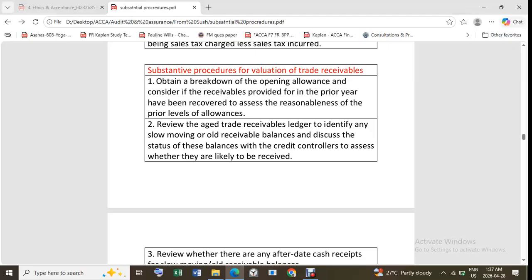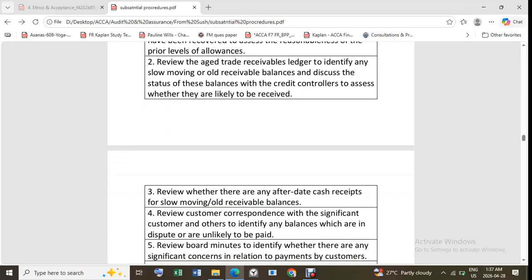Second, review the aged trade receivable ledger to identify any slow-moving or old receivable balances and discuss the status of these balances with the credit controller to assess whether they are likely to be received, because old balances are risky and might need allowances.